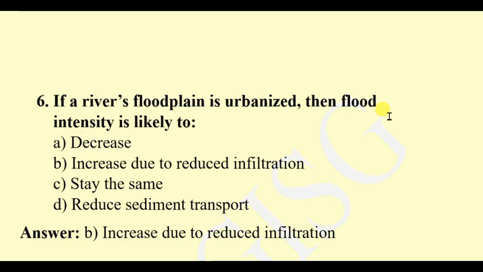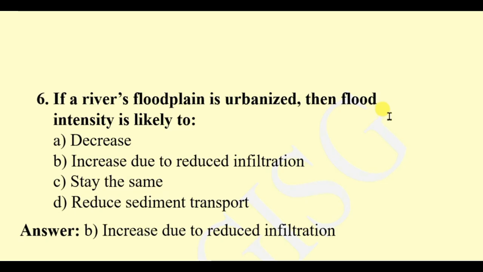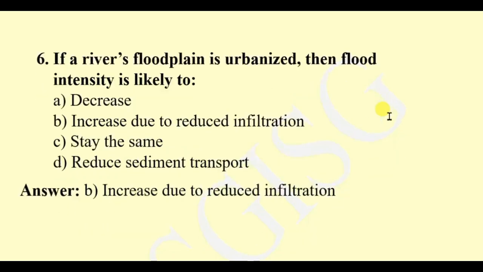The more the concretization, the less will be the infiltration, and at the same time the more will be the surface runoff, and the more will be the chance of river flooding. So the right answer will be increase due to reduced infiltration and increasing surface runoff.